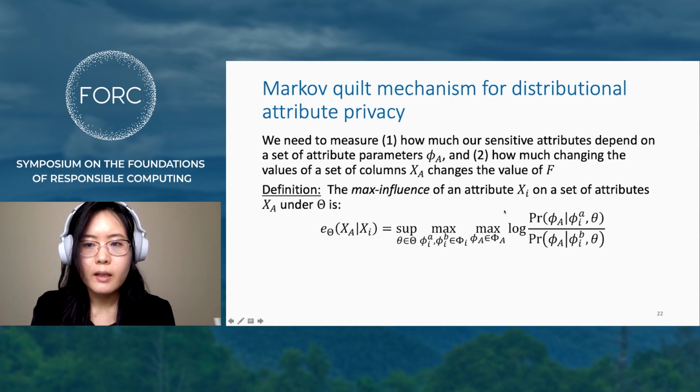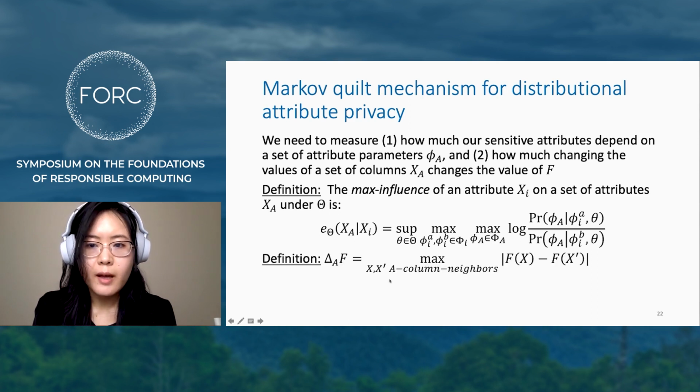So we quantify the effect that changing the distribution parameter phi_i of a sensitive attribute x_i has on a set of attributes x_A using the max influence, and this max influence is based on the distribution parameter phi. This is sufficient because attributes are mutually independent conditioned on the vector of phi.